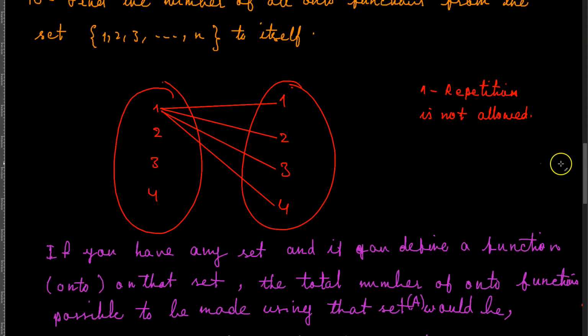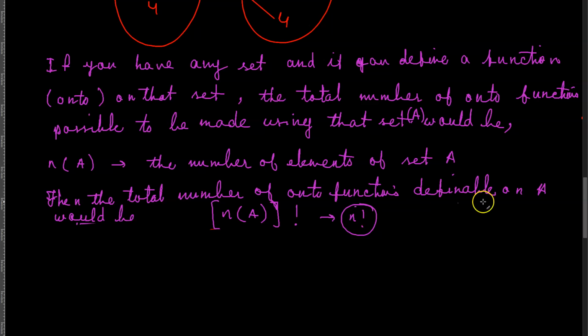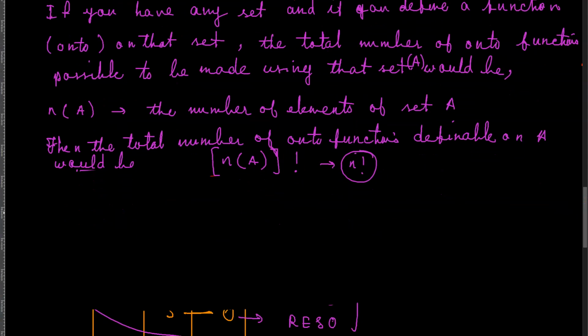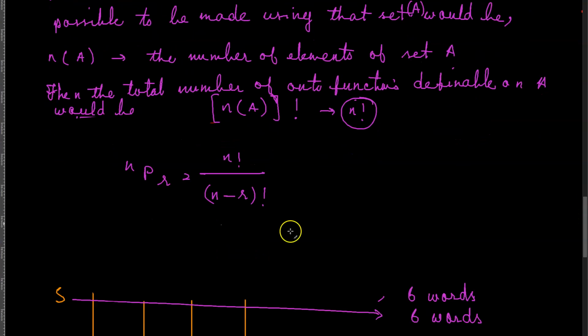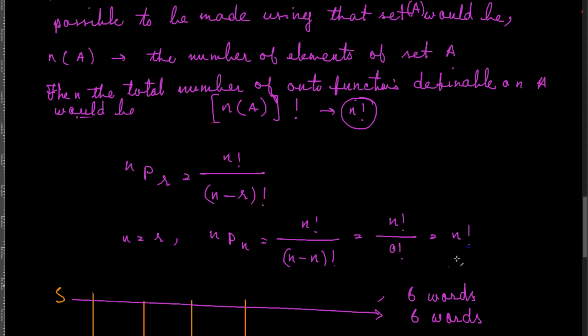And that's the concept of permutation, which is nothing but n permutation r, which is equal to n factorial over n minus r factorial. Now, since in this situation n is equal to r, then you have n permutation n, which is the same thing as n factorial over n minus n factorial, which is the same thing as n factorial over 0 factorial, which is equal to n factorial.